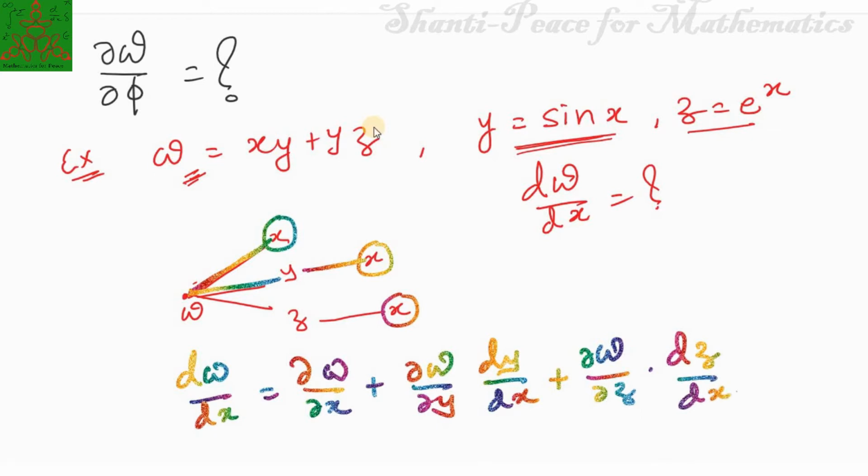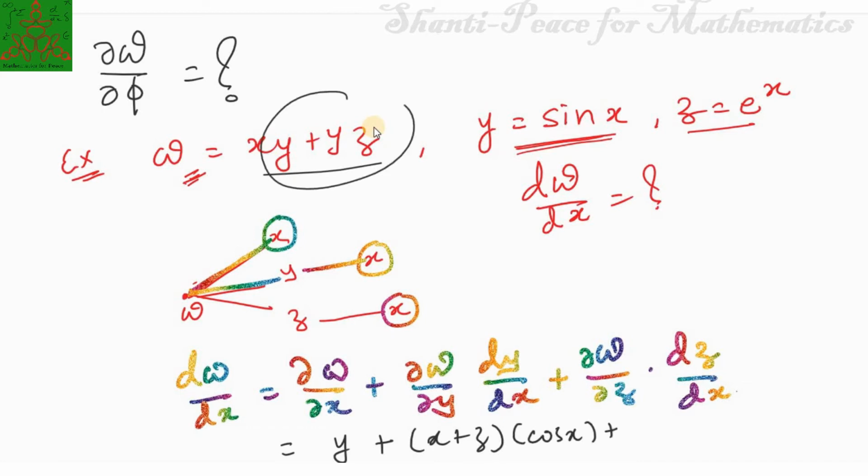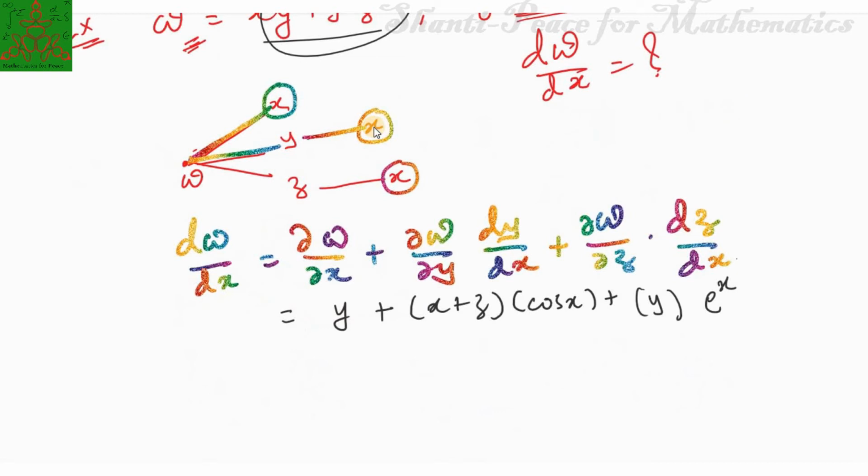Now let us calculate these quantities. According to that, del w upon del x is y plus z, del w upon del y is x plus z, and dy by dx is cos x. Del w upon del z, that is the derivative with respect to z, will give you y, and dz by dx is e power x. If you substitute the value of y and z here, everything will convert into x.